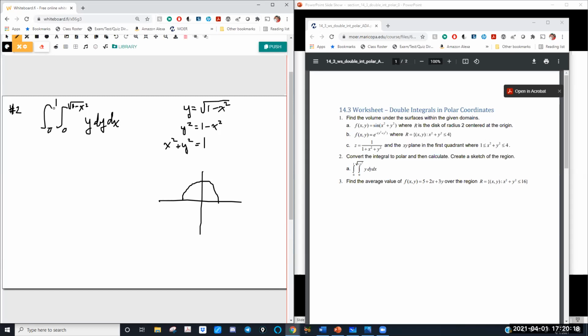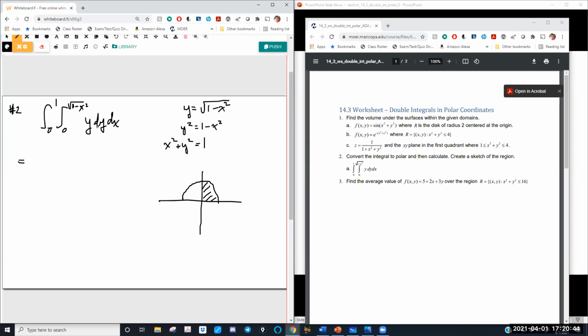X is only going from 0 to 1. So here is our region. So we're only getting a quarter of a circle. And please use your imagination and pretend like that's circular. I apologize for my terrible half circle there. So that's our region. So let's talk about changing the limits first.